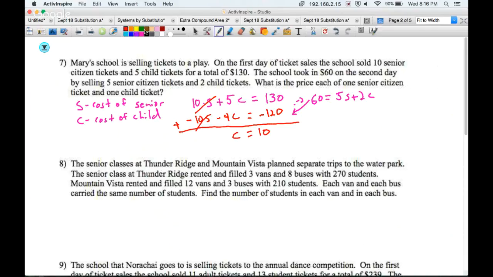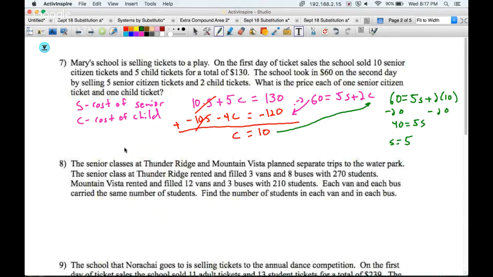Take that, plug it back in to wherever you want, whatever looks easiest. I'll probably plug it right there. 60 equals 5s plus 2 times 10. Minus 20, minus 20. 40 equals 5s. S equals 5. And now for just this problem, I'm going to write out my answer as a sentence.